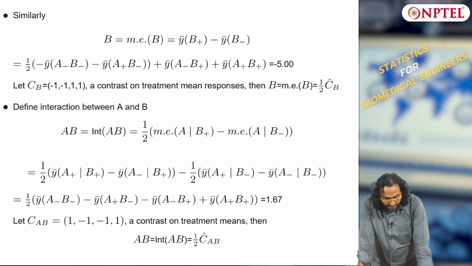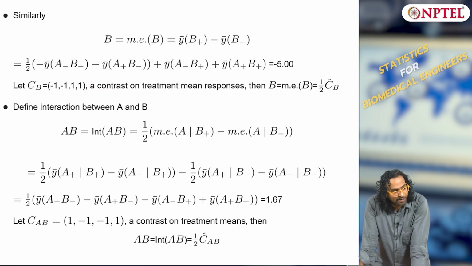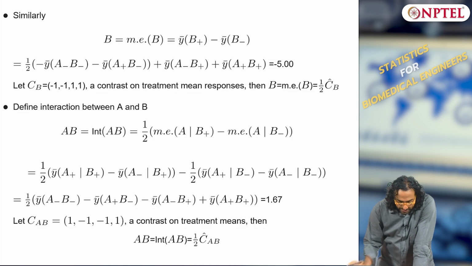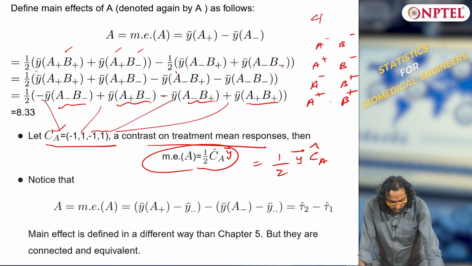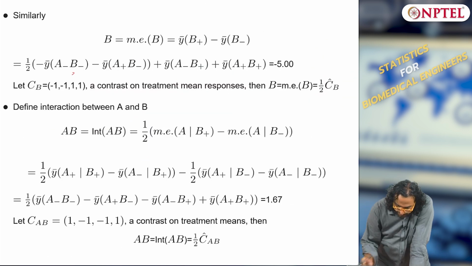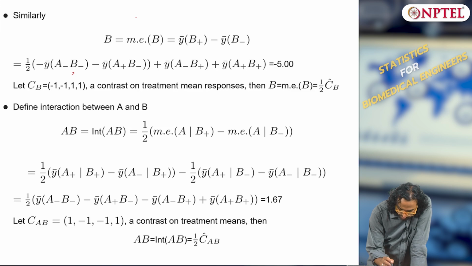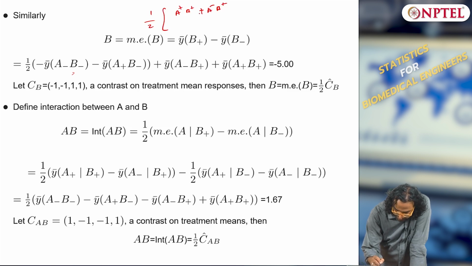Similarly, I do the same thing for main effect B as well. How do I write the main effect of B? Let us write simply half into A plus B plus, A minus B plus, divided by 2.